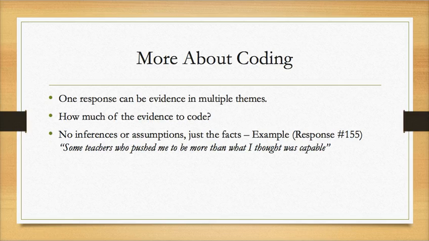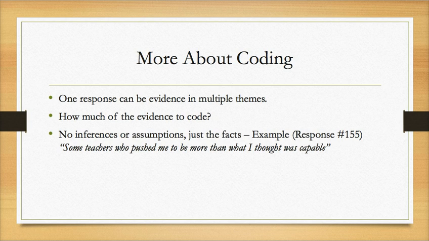The third is no inferences or assumptions, just the facts. So let's take a look at an example response from respondent 155. The respondent says, some teachers who pushed me to be more than I thought I was capable. Okay, so that's great evidence, but I don't know what reason that provides for a teacher that enters a teaching profession.